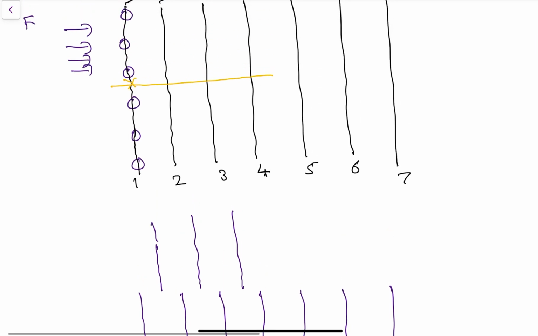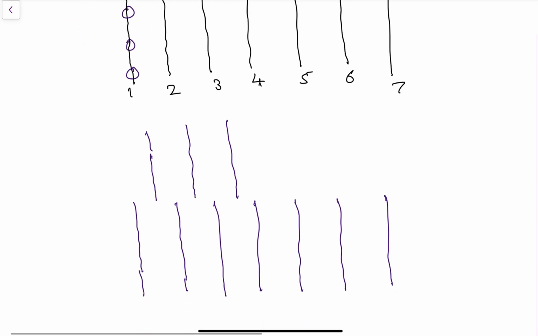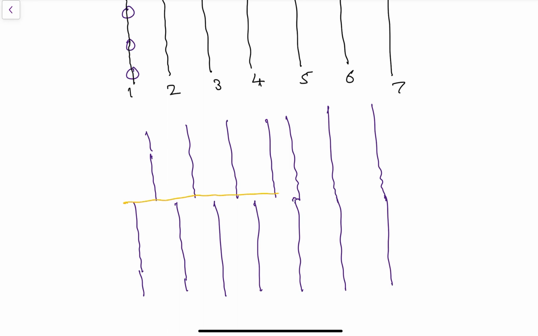So since the breaking of bonds is only up to the fourth plane, it moves here. Then after that, the bonds are not broken, so it will remain like this. Okay. So if I draw a line like this, so this will be something like this.